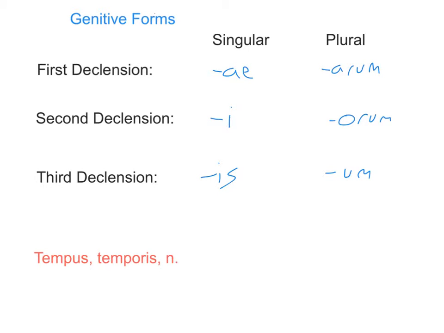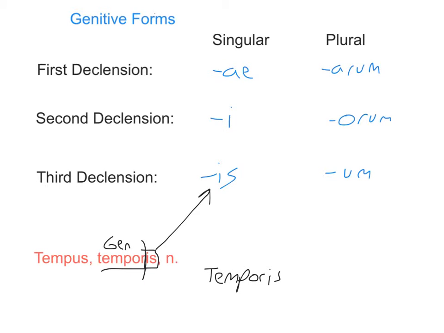With that in mind, there's an example at the bottom here. We have tempus, temporis. And you know from the dictionary entry, that IS ending, that you're in the third declension, because the genitive is IS, and this is the genitive form. So that means we know we're in third declension, and we find our root by taking that ending off, and we get tempor-.